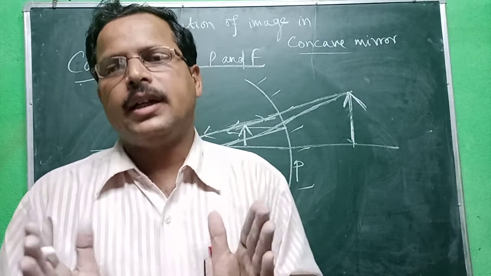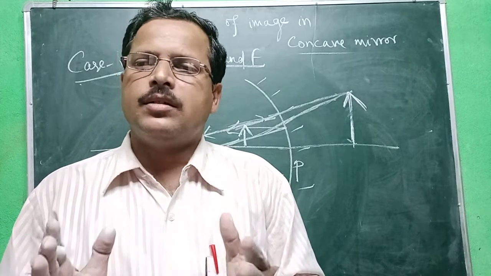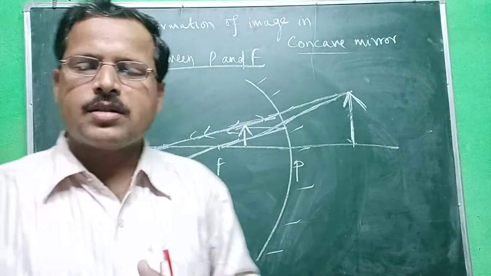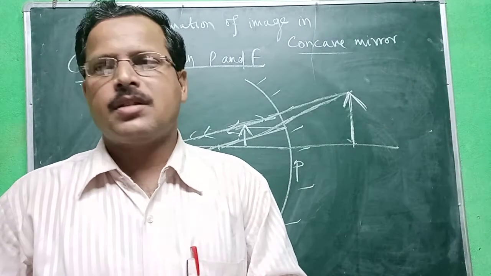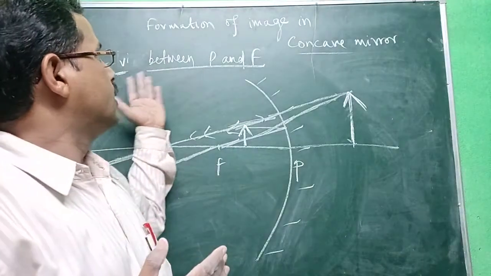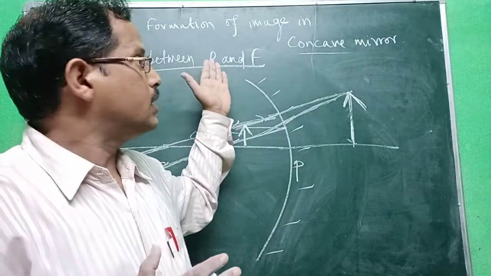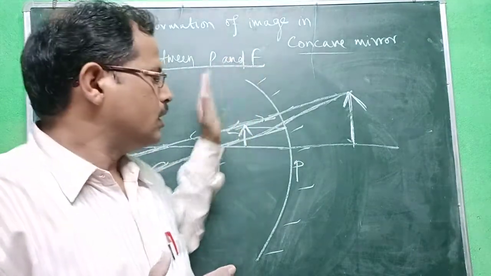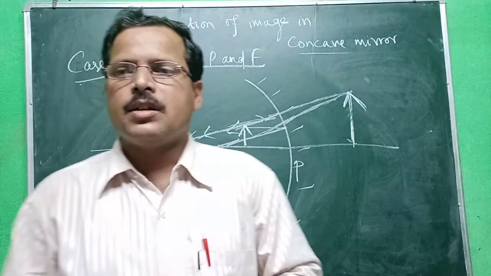How an image is produced in a concave mirror. In all different situations, except one, we get a real image. In this case 6, where the object is in between the pole and principal focus, the image is virtual and erect.